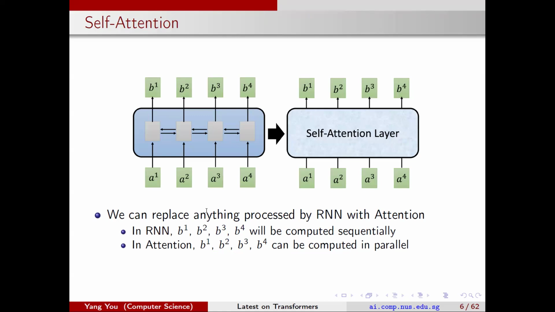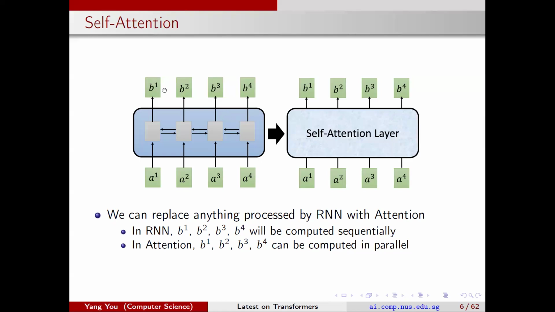Here we have 2 blocks. The first block is an RNN, an LSTM for example. The second block is the self-attention layer, which is the kernel part of the transformer. I hope you learned RNN before. For an RNN, the input is a sequence of tokens, A1, A2, A3, A4, where each A is a token or vector.